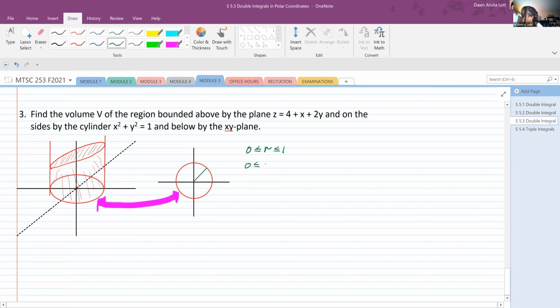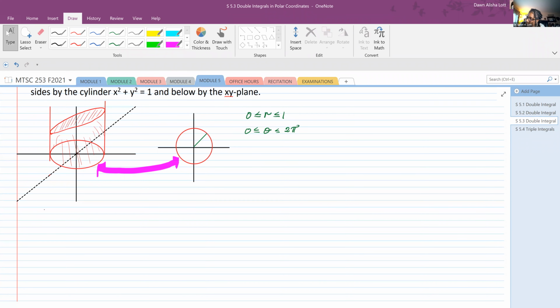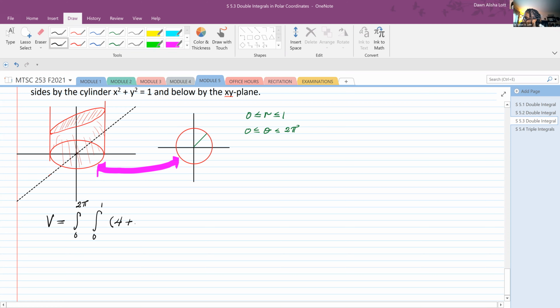Theta goes from 0 to 2 pi. And my height, I'm going from 0 up to the function on top. So therefore I get the volume, the integral from 0 to 2 pi, the integral from 0 to 1, and z is 4 plus x plus 2y dA.